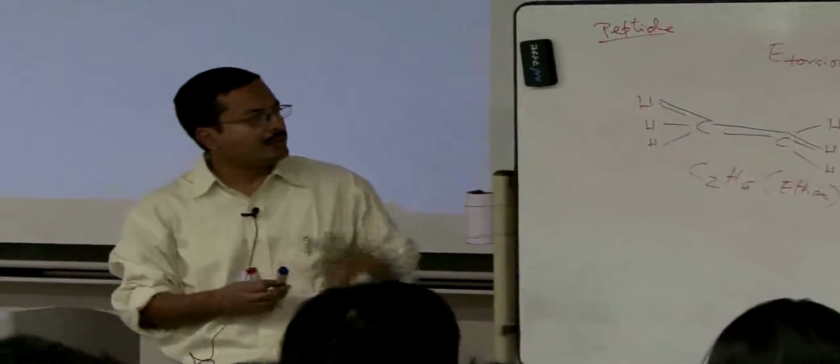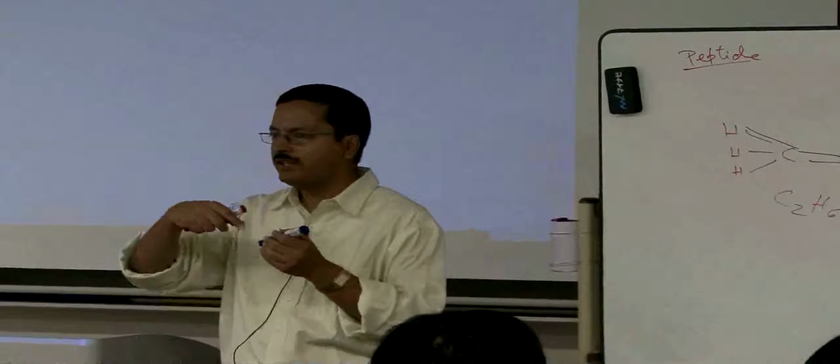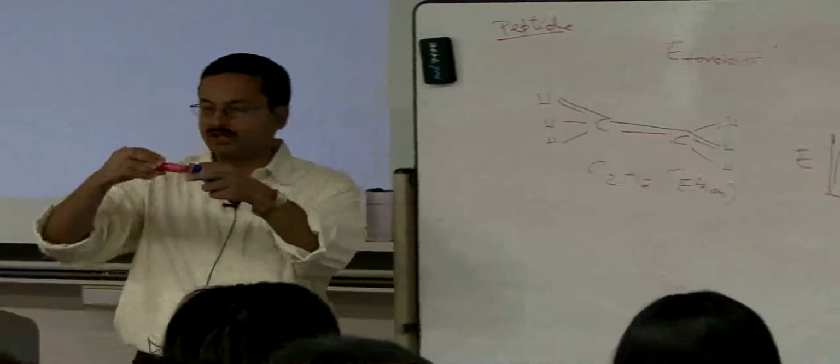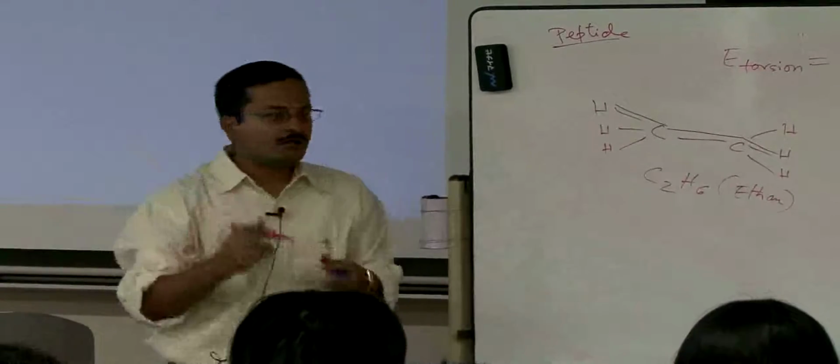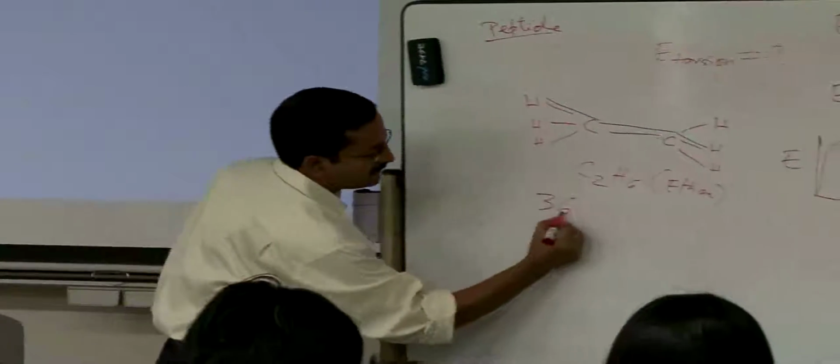Because if you rotate, can you tell me how much you can rotate, like 90 degree, 180 degree? If you start to rotate this bond, what is the maximum amount you can rotate? It is 360 degree, right? Because 360 degree is the same as 0.